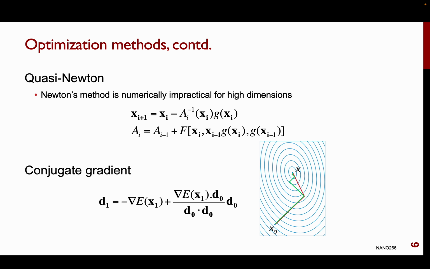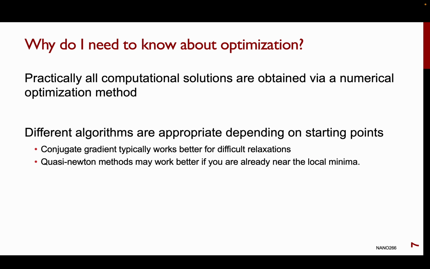However, if you are already quite close to the minimum point, then typically the quasi-Newton method is a bit more stable and also quicker. So as I said, typically the conjugate gradient works better for difficult relaxations, and quasi-Newton methods work better if you are already near your minimum point, right?